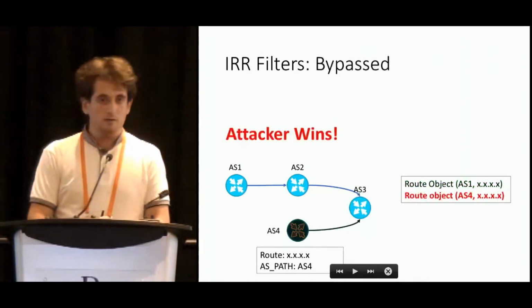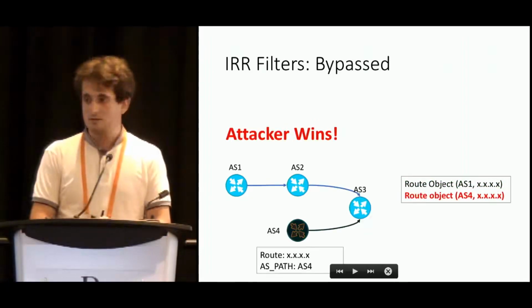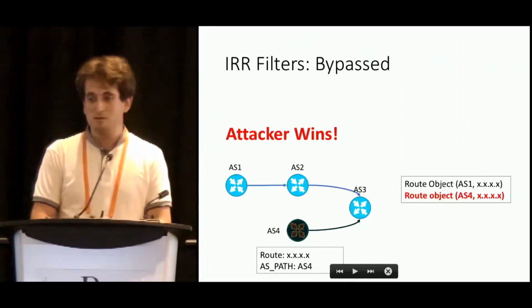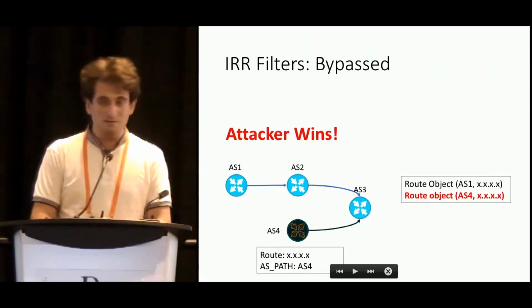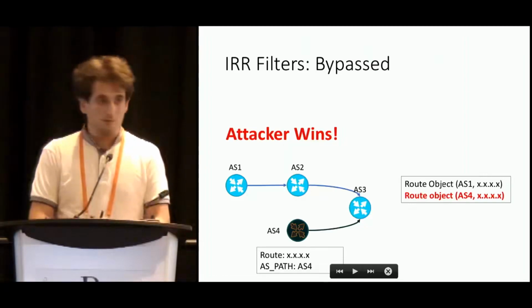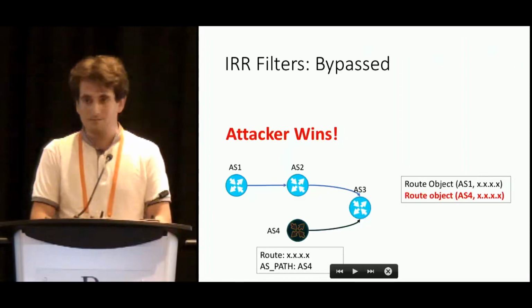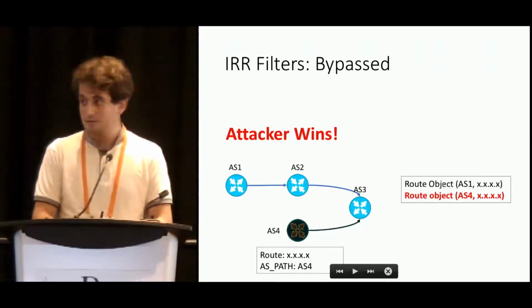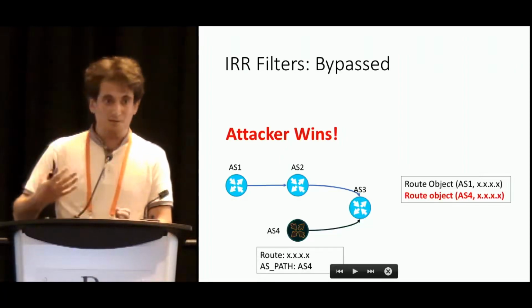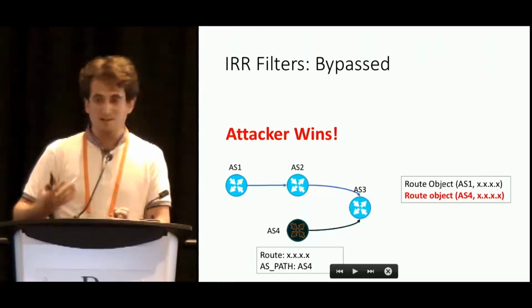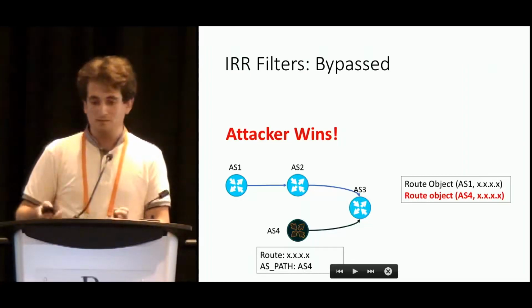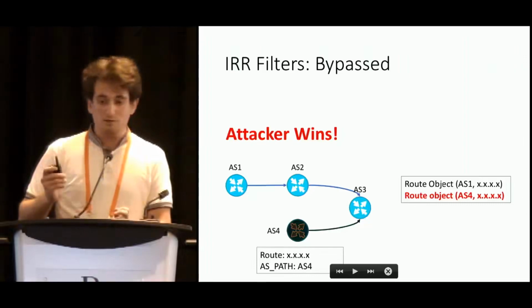Unfortunately, there are a lot of ways to bypass IRR filters. There are a number of databases where you can create route objects without any authorization. You can add any autonomous system in your AS-set, and there is never authorization. You can even add Google's AS-set or Level 3's, and it will be okay. So there is no problem bypassing IRR filters, and most of them are already outdated. So what other options do we have?